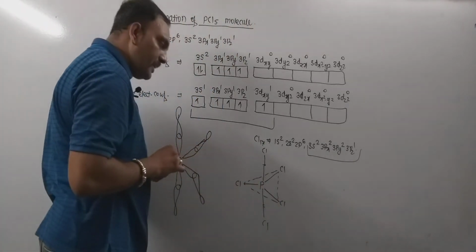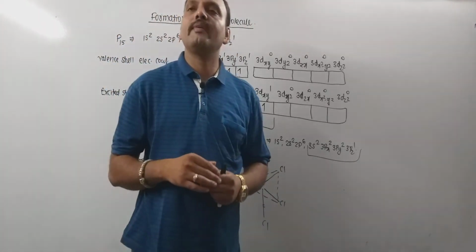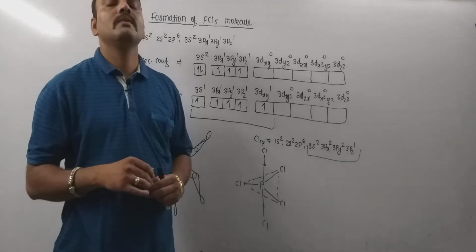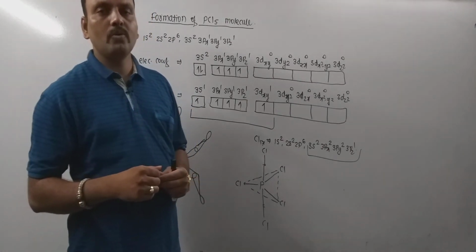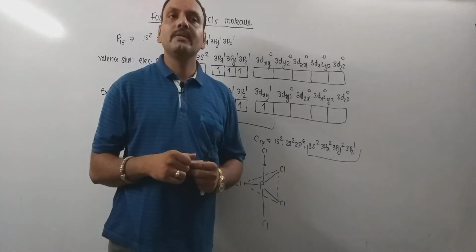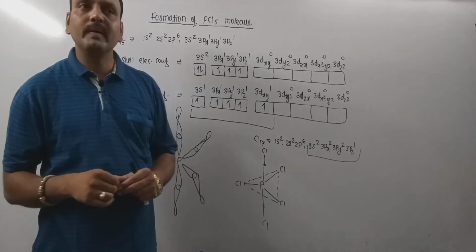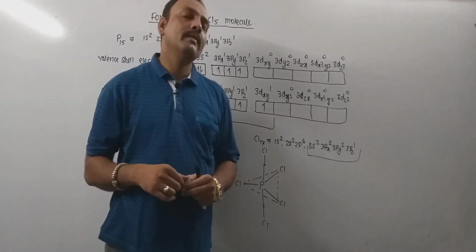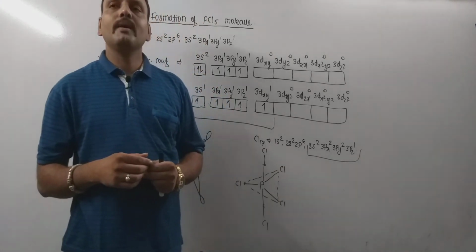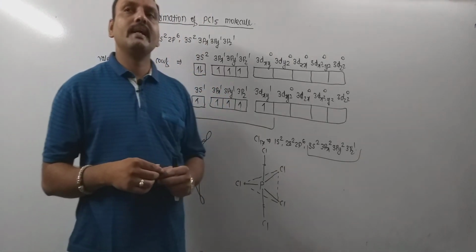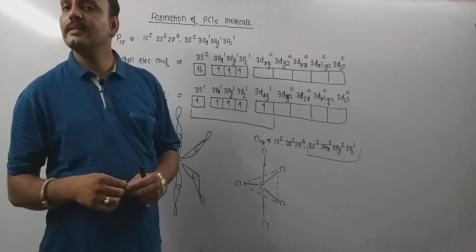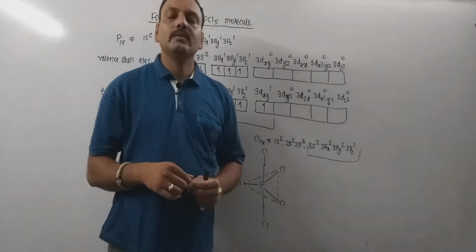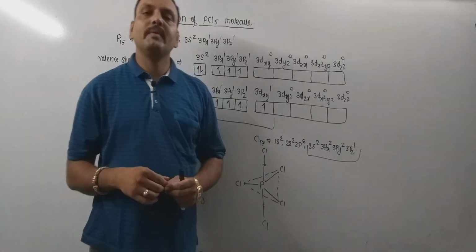Thus the geometry of the PCl5 molecule is trigonal bipyramidal. Remember, it is an excellent example of sp3d hybridization, and the 5 hybrid orbitals so obtained are directed trigonal bipyramidally around the central atom. So the resulting molecule will have trigonal bipyramidal geometry.